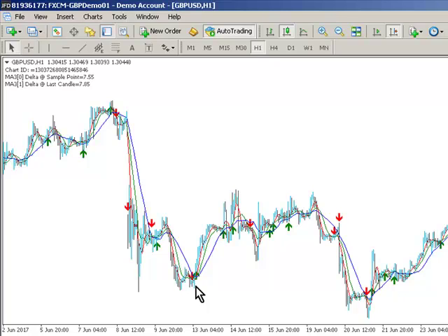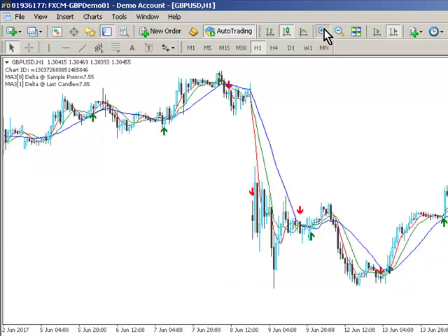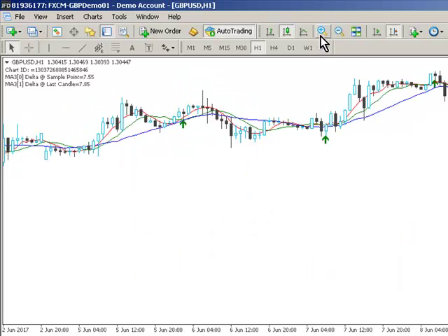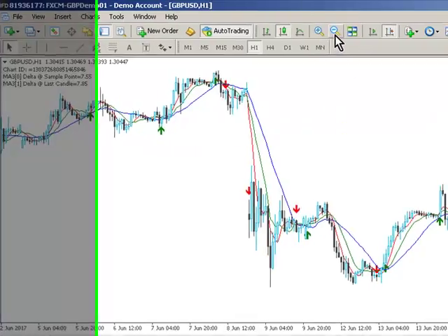For quite a long time I've been looking at moving average slopes, which are useless in MT4 because the angle of these moving averages changes depending on your screen resolution, as you can see. So it's not really very indicative.